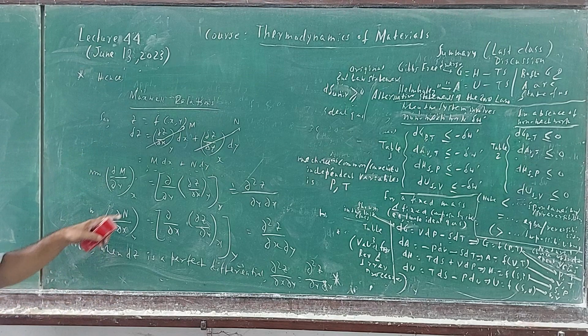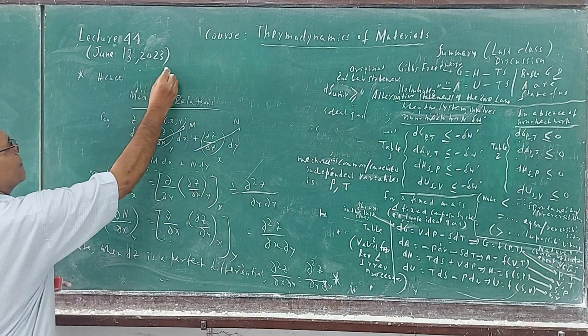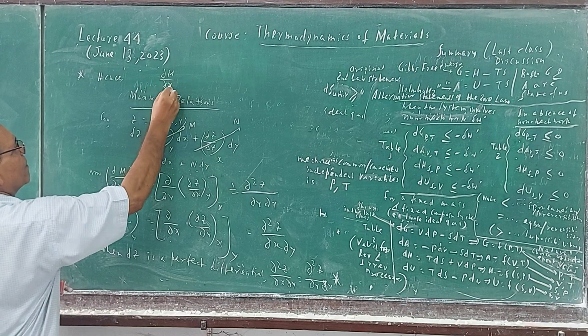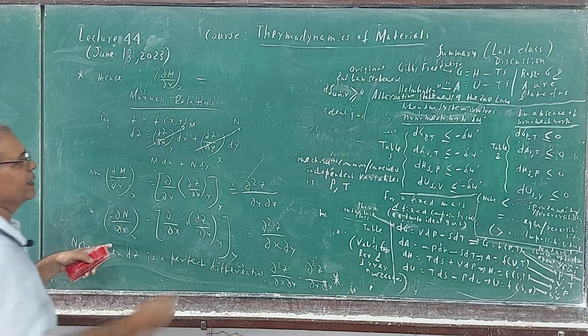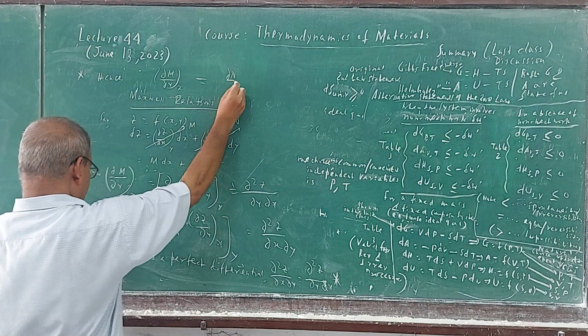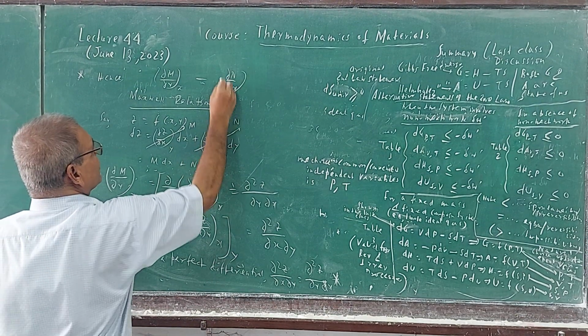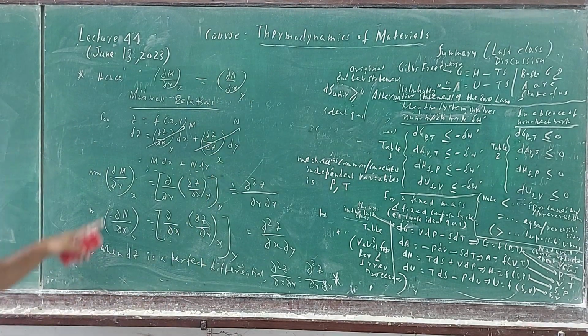Hence, what are you getting? These two are the same, so left hand side same. Hence, del M by del y at constant x equals del N by del x at constant y. Remove all this.